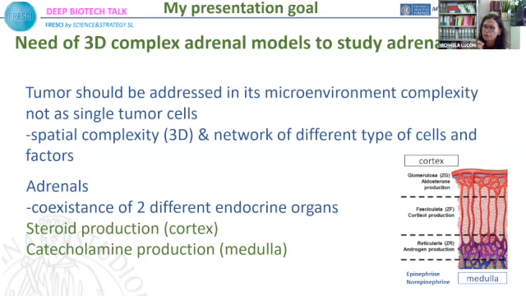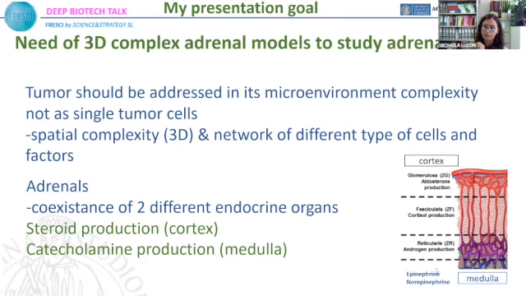Because the tumor should be addressed taking into consideration not only the cancer cells, but also its microenvironment and its spatial complexity. And this is very important, in particular in the adrenal, because as I told you, in the adrenal two different endocrine organs coexist.